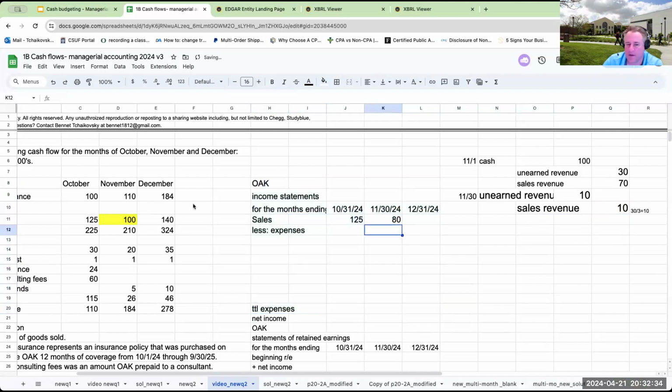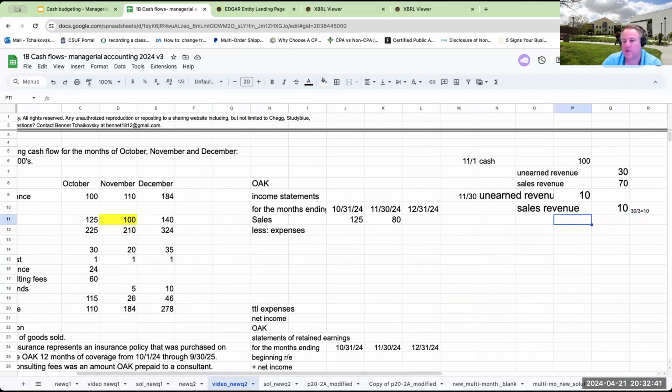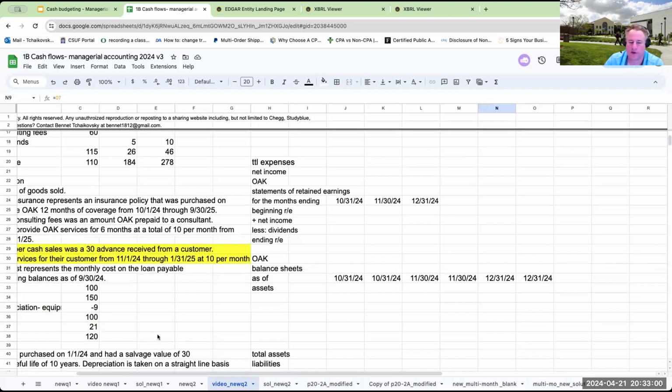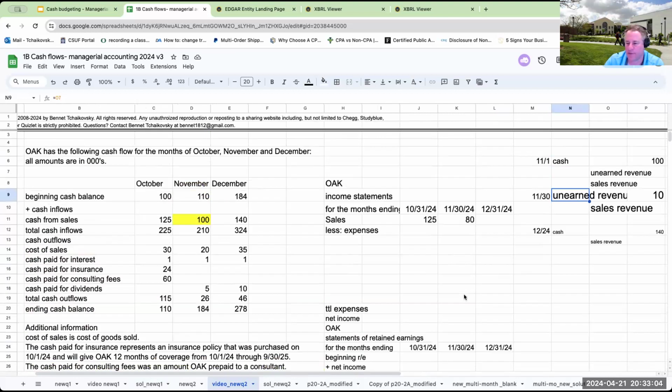Okay, now when we get to December, my cash from sales for December would have been over here. Let's call it 12/24, cash 140, sales revenue is going to be 140. However, I've performed another month of service. So this unearned revenue right over here, I performed another month.